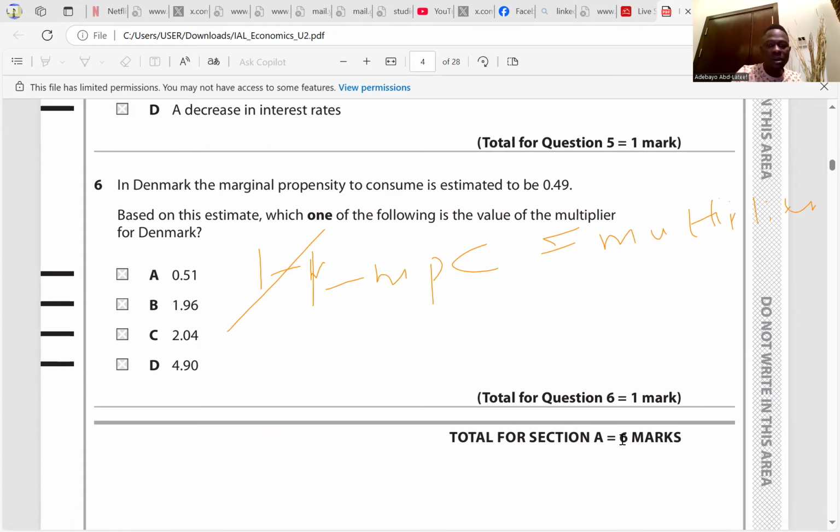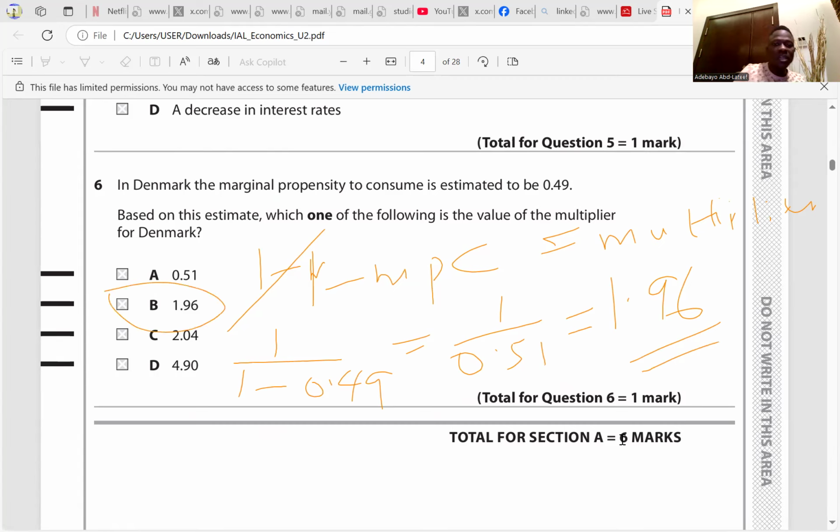So we have 1 over 1 minus 0.49, that's 1 over 0.51, and that gives us 1.96. So that's the answer. The answer is B. I think it's clear.